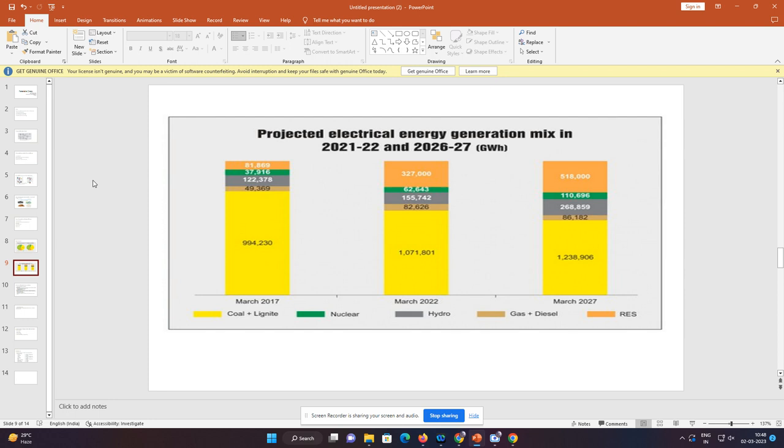In ultra supercritical technology, these plants have greater efficiency than the critical and subcritical plants and operate at a steam pressure of 280 kg per centimeter square and a temperature of 600 degrees centigrade. The technology has been adopted from recently awarded projects.